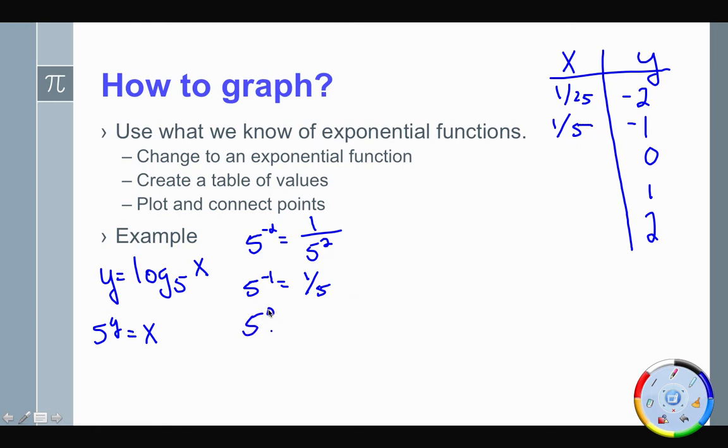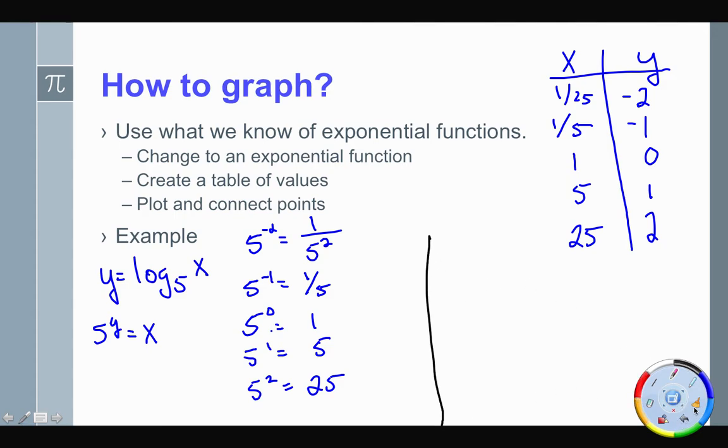Then we get the easy ones here, 5 to the 0, 5 to the 1, and 5 to the 2. Anything to the 0 power is always 1, 5 to the first is 5, and 5 to the second is 25. So there we have 1, 5, 25. All right, so now the hard part comes in trying to draw our graph.